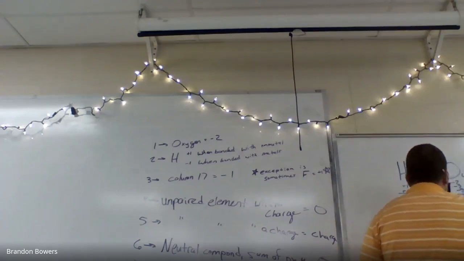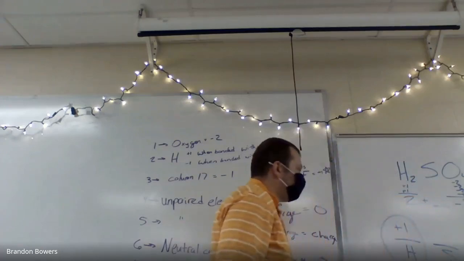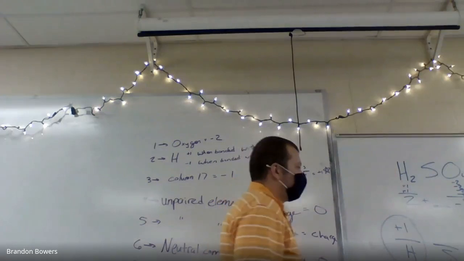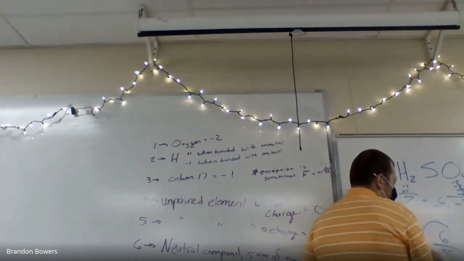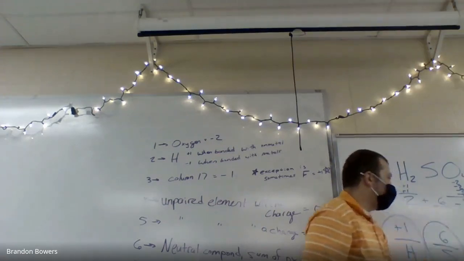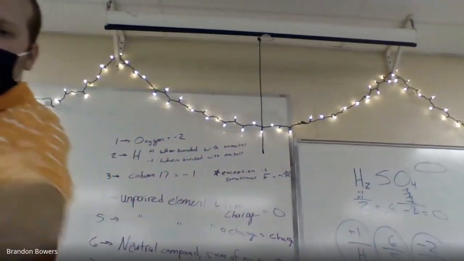Okay, so it has to equal 0. So what number must my sulfur be? 6 is the correct answer. 2 plus 6 minus 8 equals 0. And that is correct.